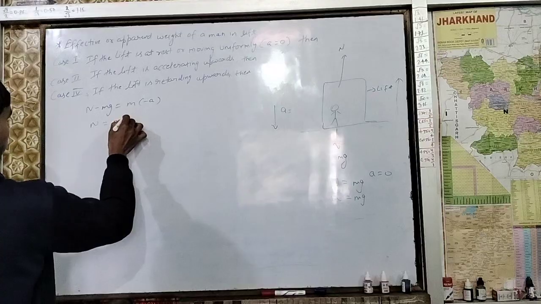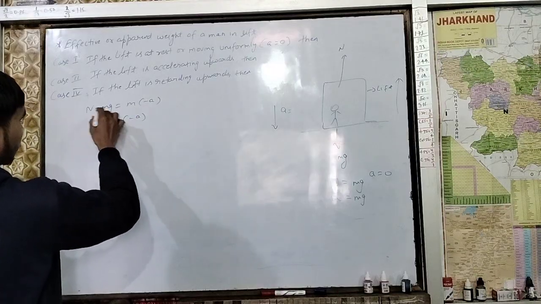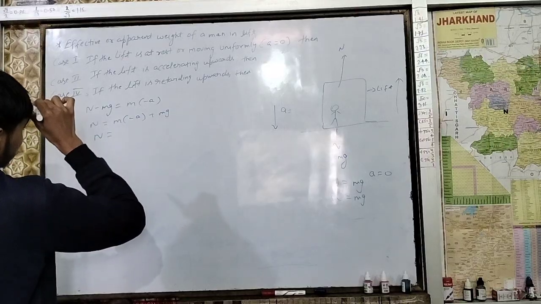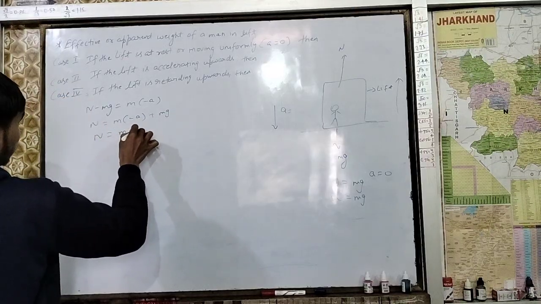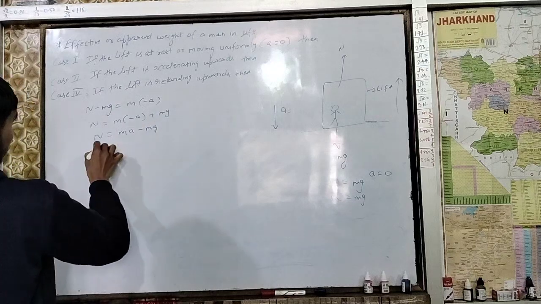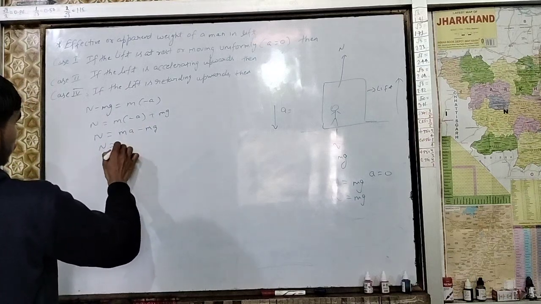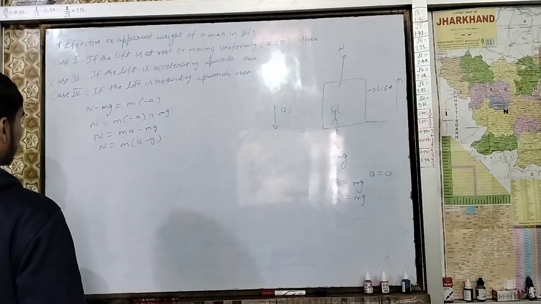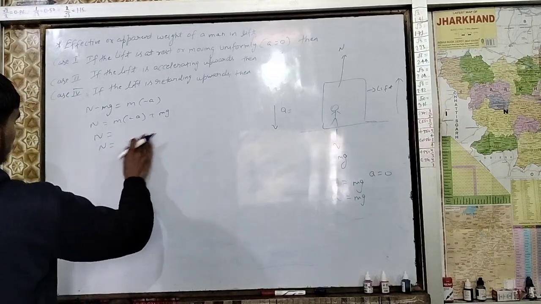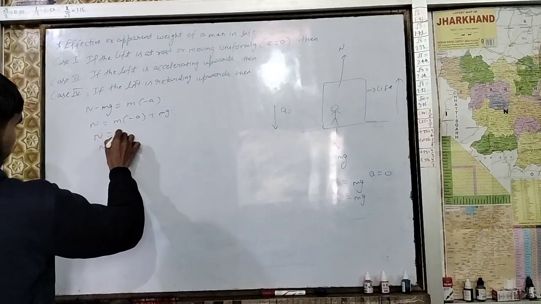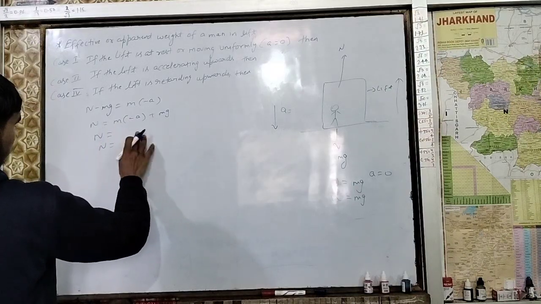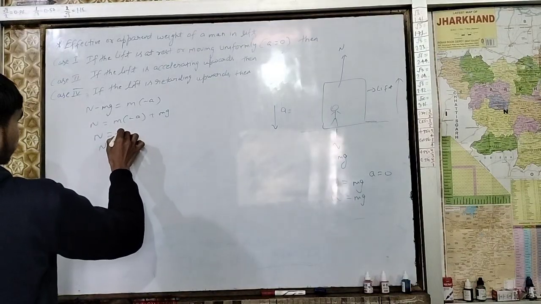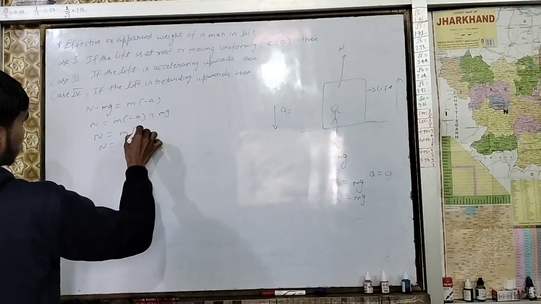N will be equal to m(g minus a), m is a constant.